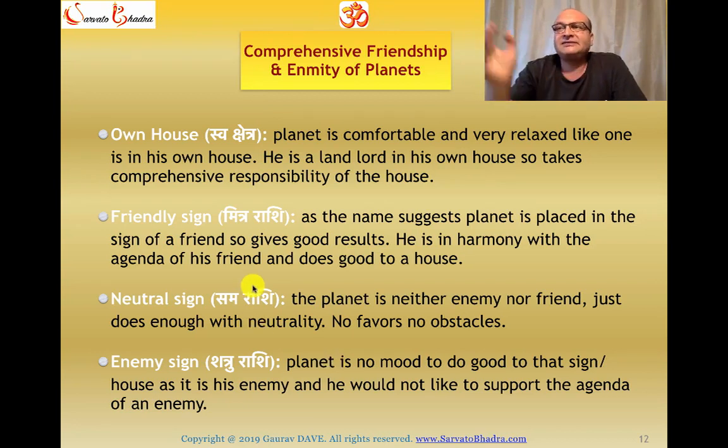The next stage is when a planet has moved further ahead, and now it is in a sign of a planet who is its good friend. Just as we behave nicely and wisely with our friends, in a similar fashion the grahas give results. As the name suggests, a planet placed in the sign of a friend gives good results.